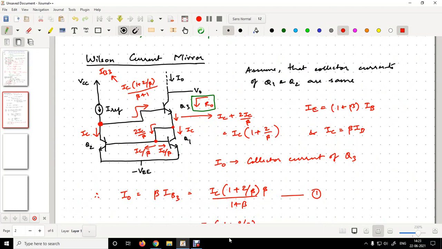But the collector emitter voltages of both Q1 and Q2, that is VCE, that is not same. Because it is not properly balanced, if you take this wing and this wing, it is not properly balanced, right? So there might be some current offsets between I naught and I reference, right?